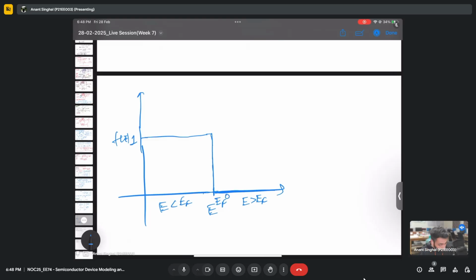This is the actual function that we see, and once we increase the temperature, there will be some finite value.